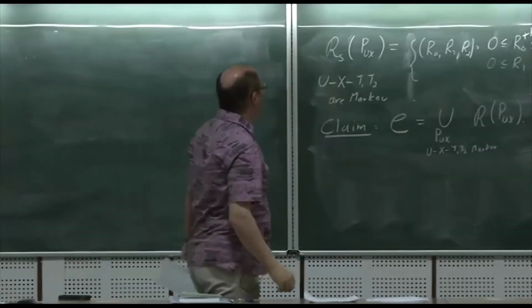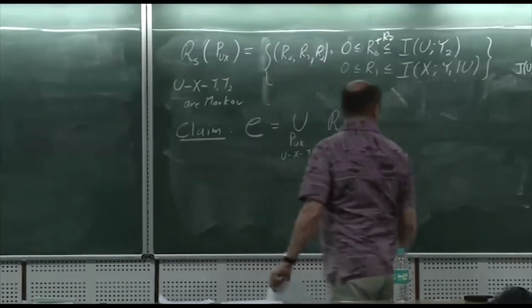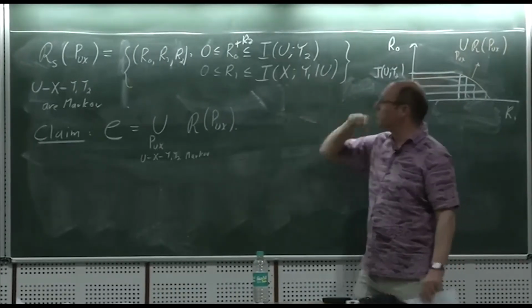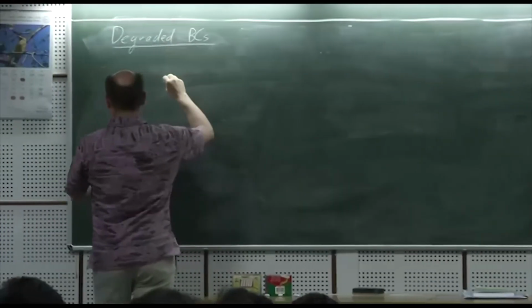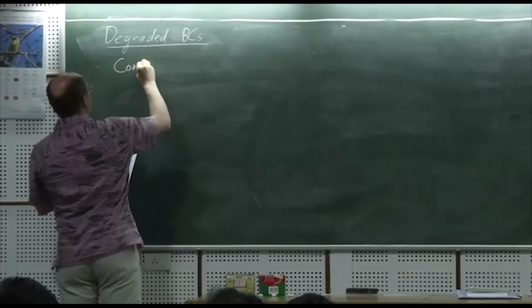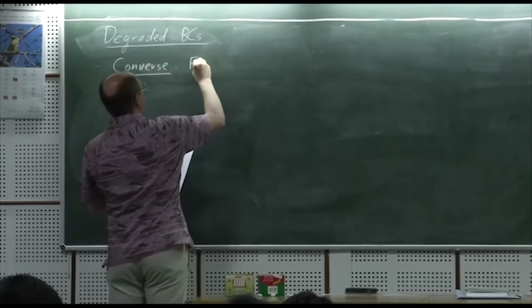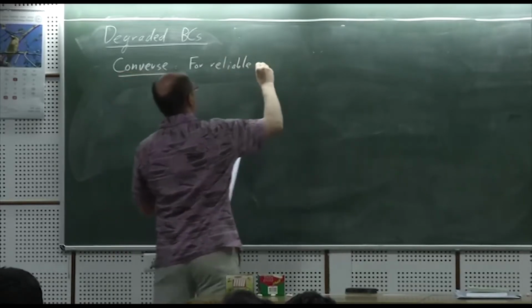Okay, so let's start with the first bound. The hard part here is going to be trying to find the same auxiliary random variable for both bounds. That's usually the tricky part. But let's do the converse. Again, start with reliable communication, to get rid of these Fano inequality epsilons.